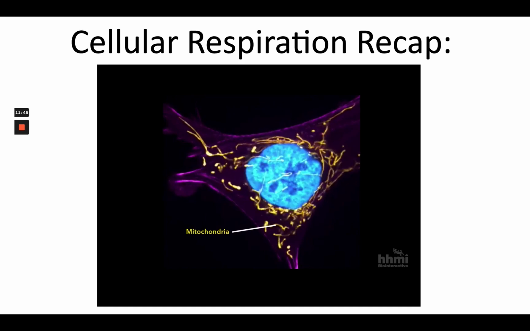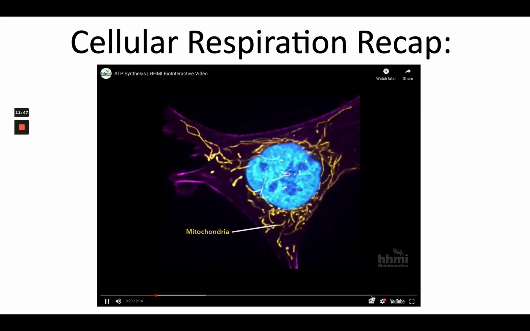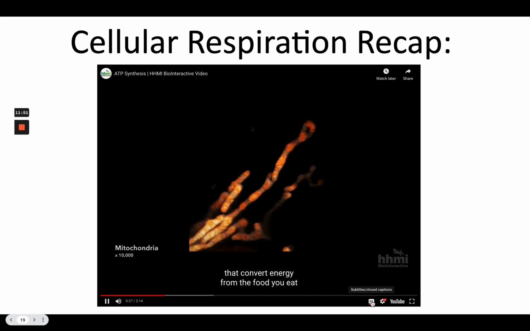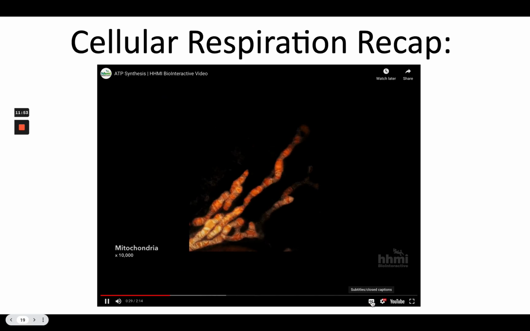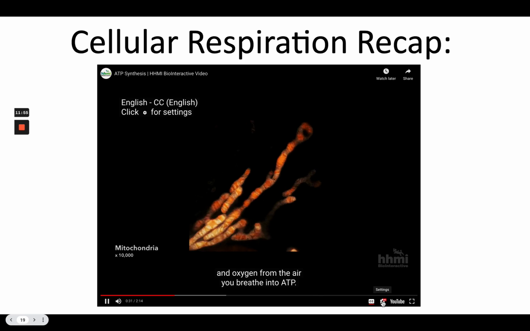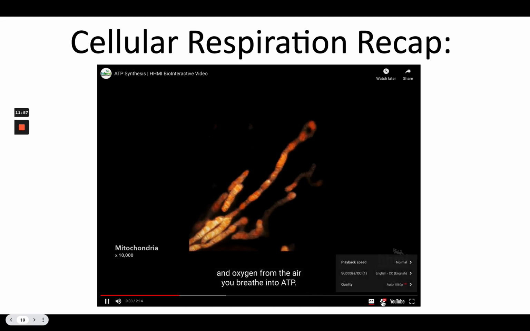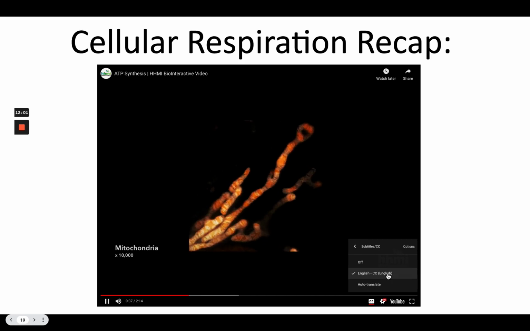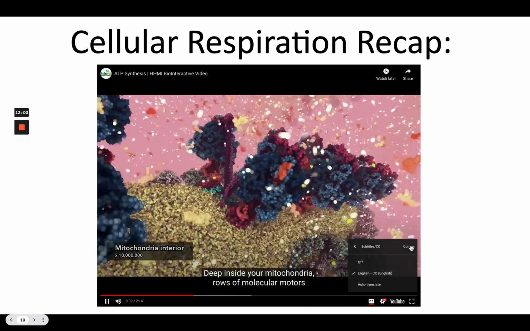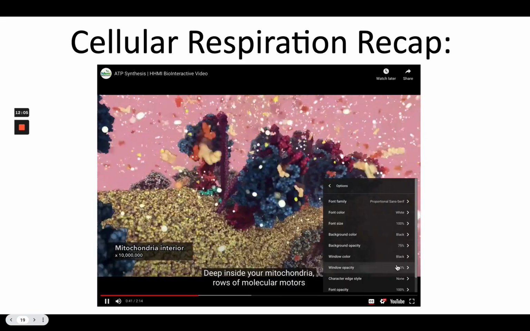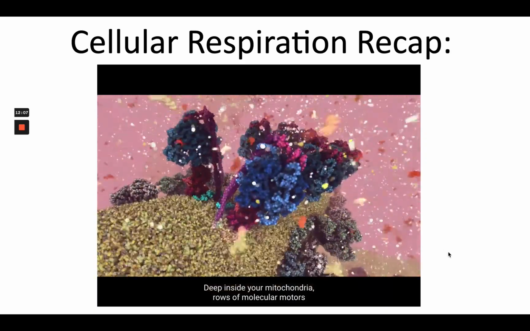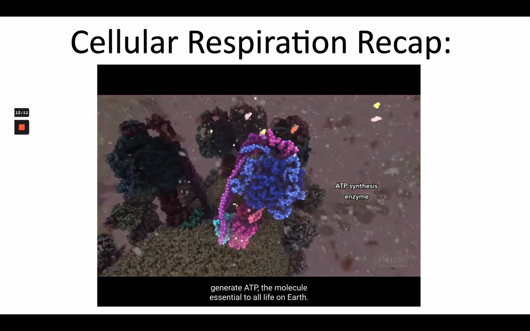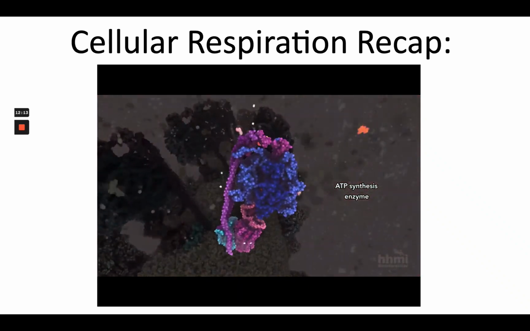Generating ATP for your living cells are mitochondria, electrochemical batteries that convert energy from the food you eat and oxygen from the air you breathe into ATP. So where does your ATP come from? Deep inside your mitochondria, rows of molecular motors generate ATP, the molecule essential to all life on Earth.